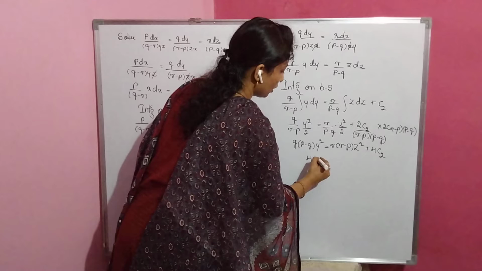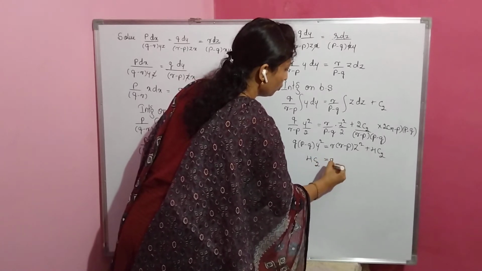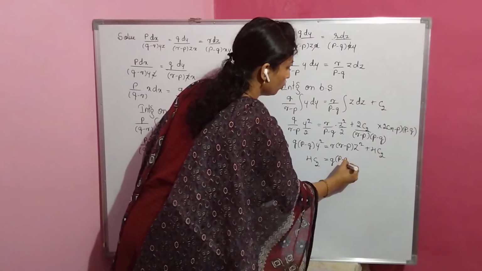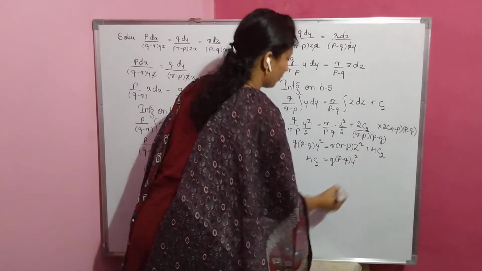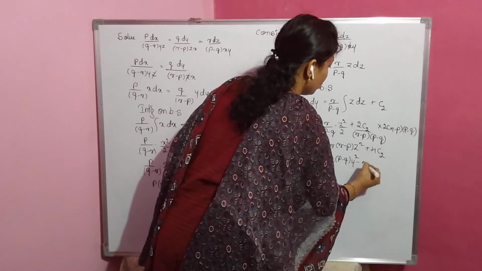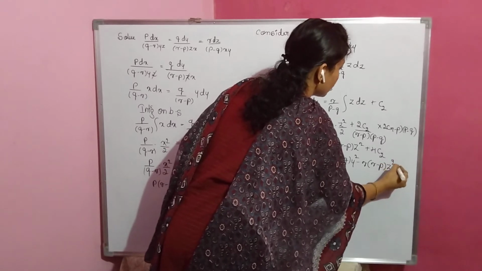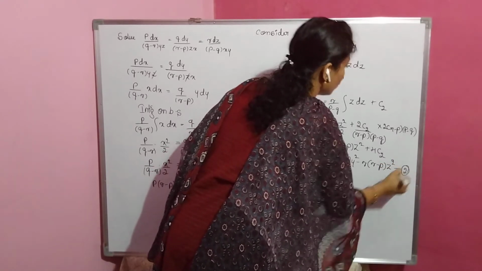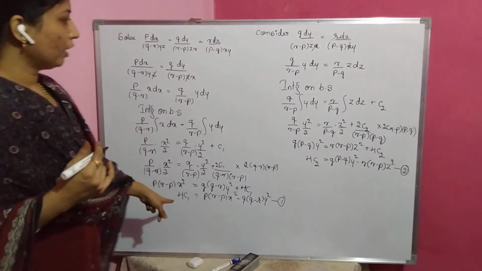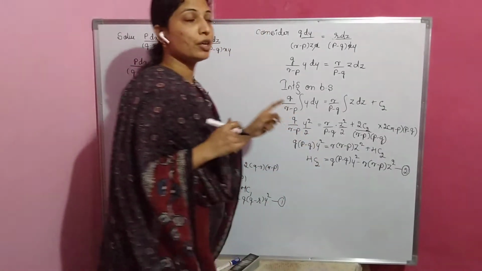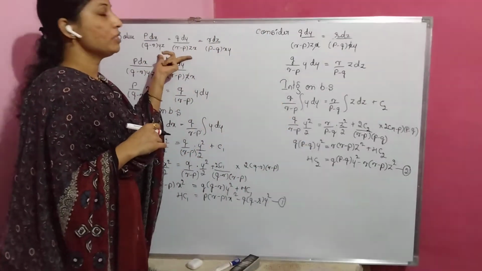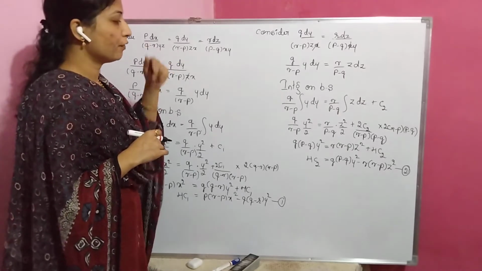So 4c2 is equal to q into (p minus q) into y square minus r into (r minus p) into z square. Call this equation 2. So equation 1 and equation 2 give the solution of this given symmetric simultaneous differential equation.